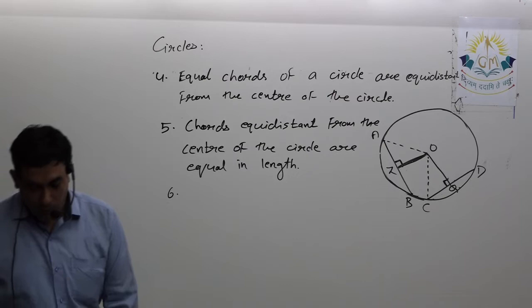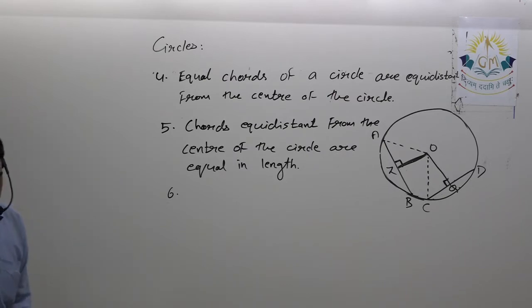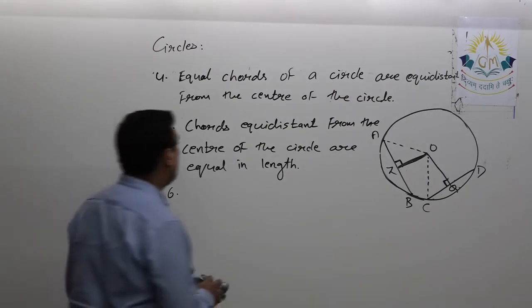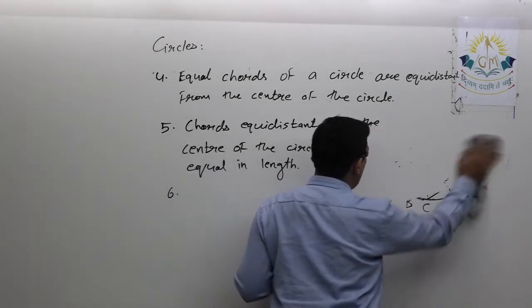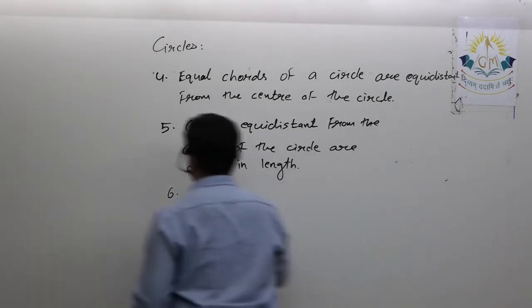Now next is, equal chords of a circle subtend equal angles at the center. This is very important. Many MCQs can be created with this theorem.